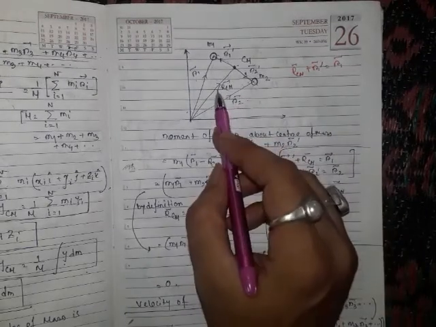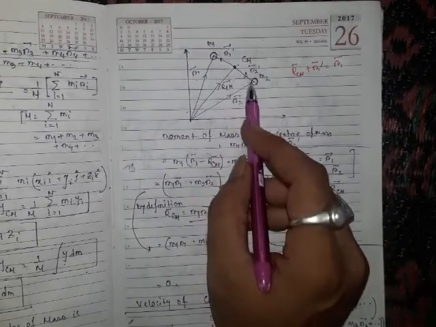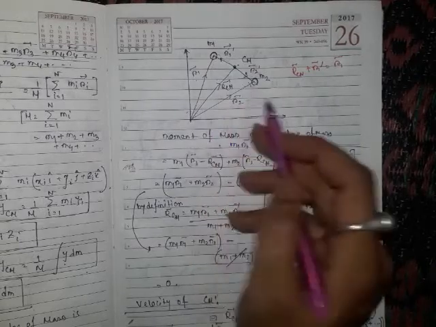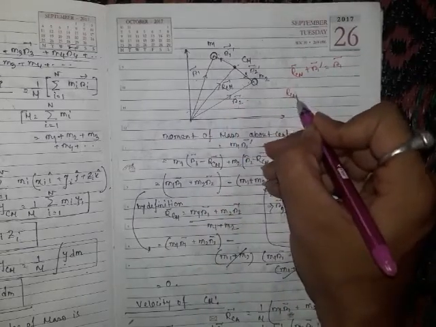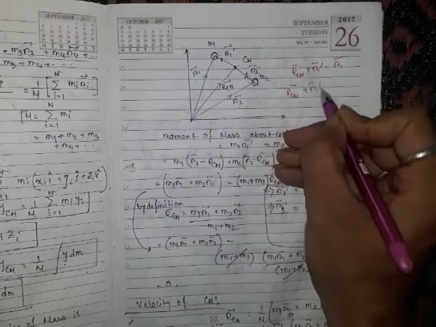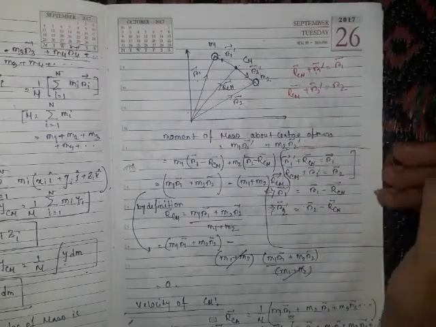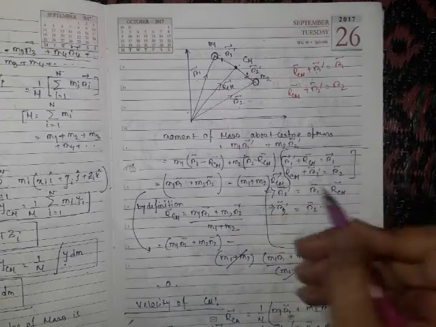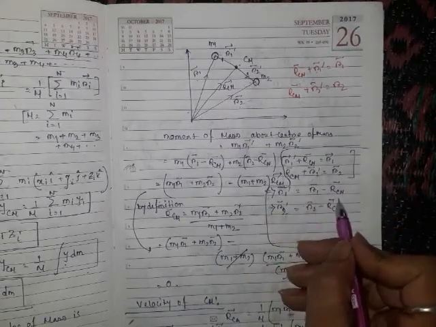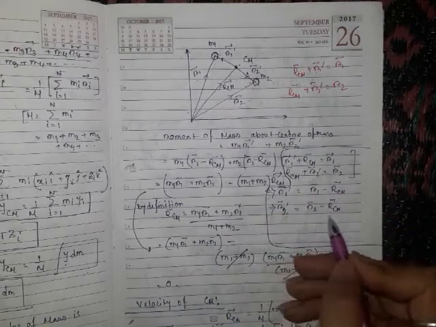Similarly, r_CM and r2 prime are in the same order, but r2 is taken in opposite order. So r_CM plus r2 prime is again r2. So r1 prime can be written as r1 minus r_CM, and r2 prime can be written as r2 minus r_CM.